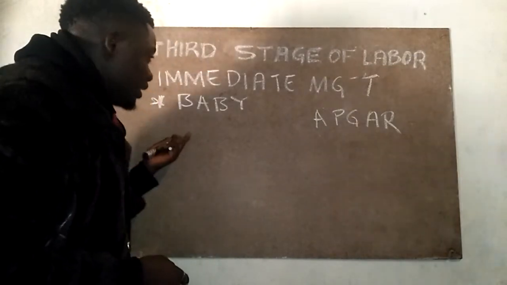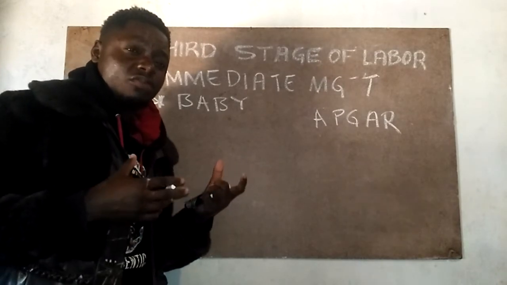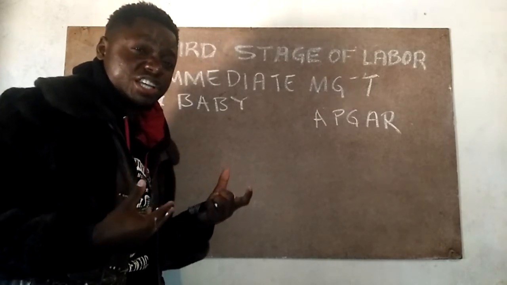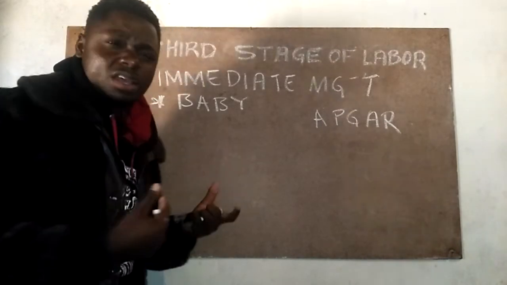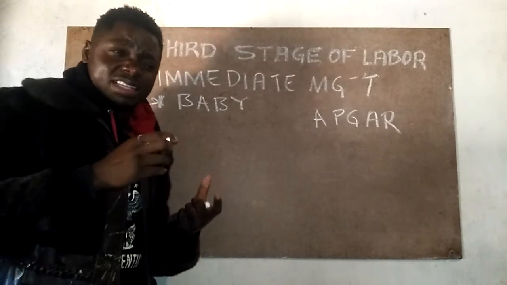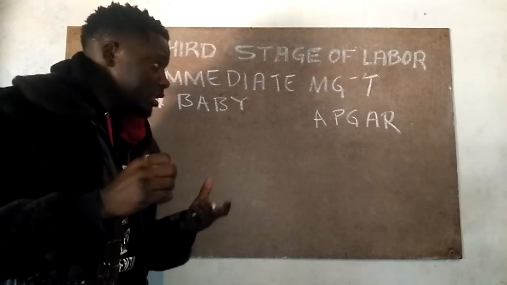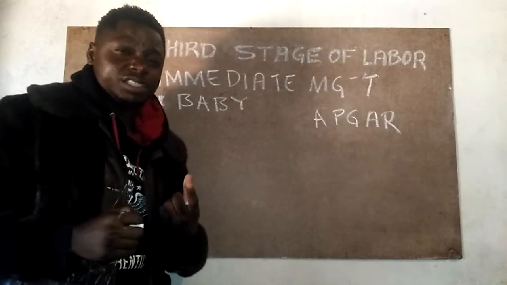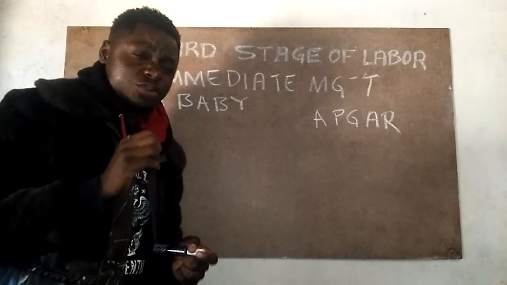And immediately put the baby on the mother's abdomen to initiate bonding. And also you can put the baby on the mother's breast within 30 minutes after delivery, so that you initiate breastfeeding, because breastfeeding is going to cause contraction of the uterus.